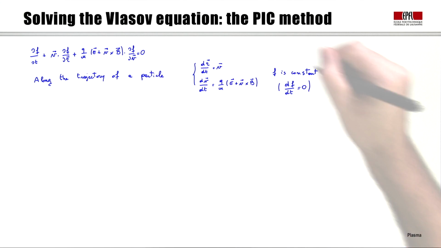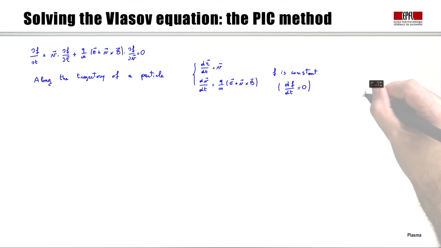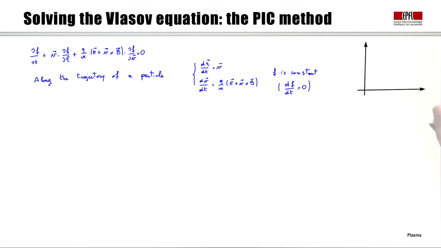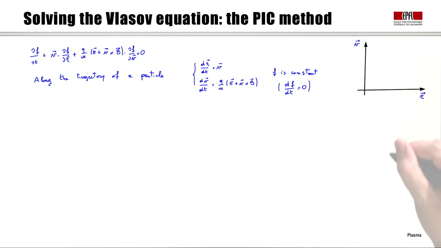How can we represent this in phase space? We can project the 6-dimensional phase space onto the 2 dimensions of this screen. Here will be the spatial coordinate. Here we will have the velocity coordinate.